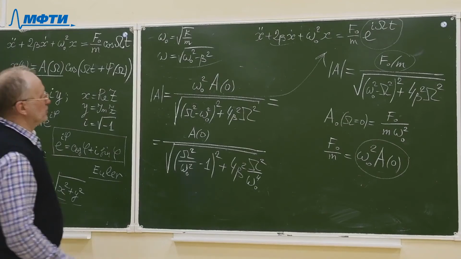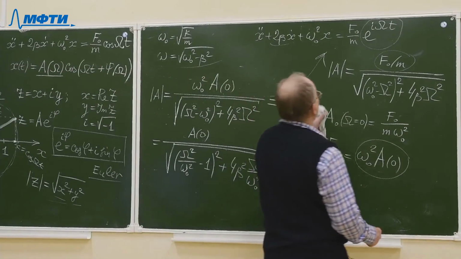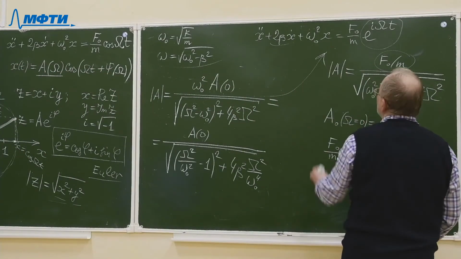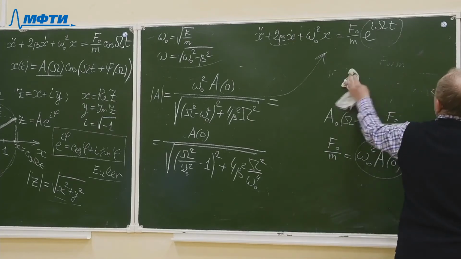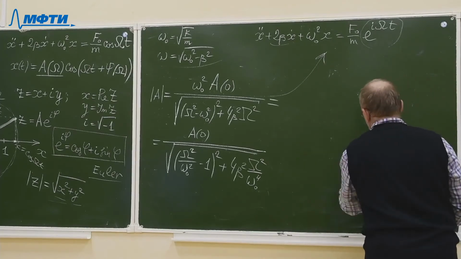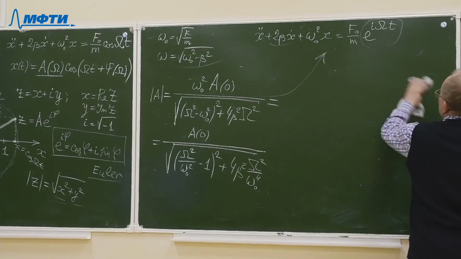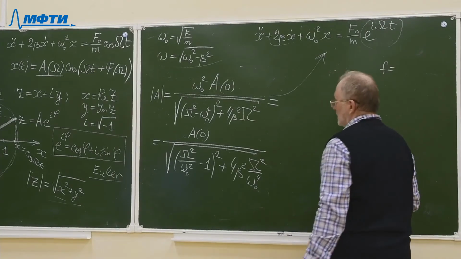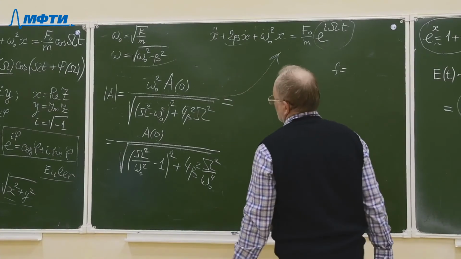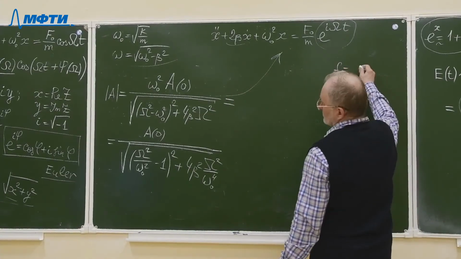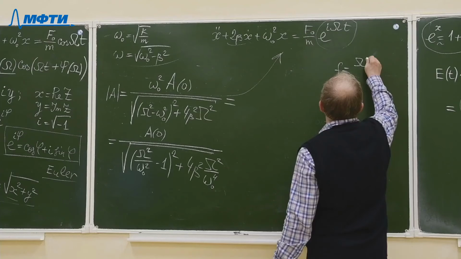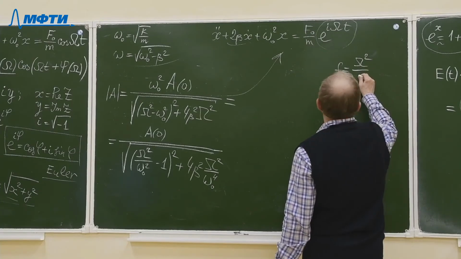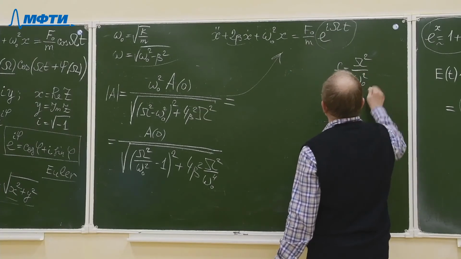And I will introduce a new variable, which will be f, for example, defined as capital omega squared divided by omega 0 squared.